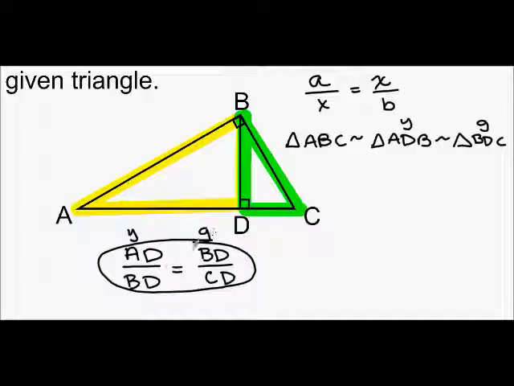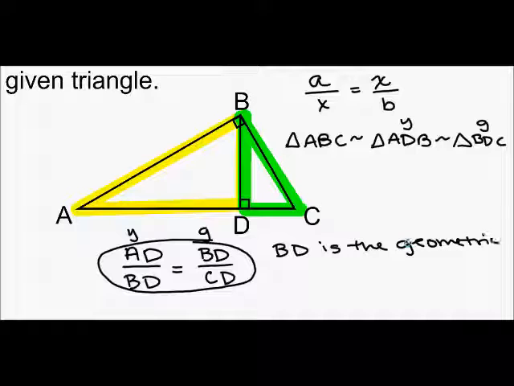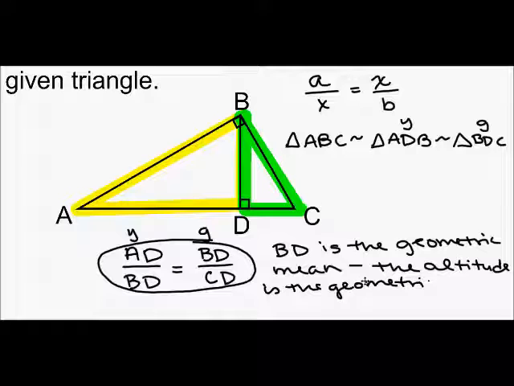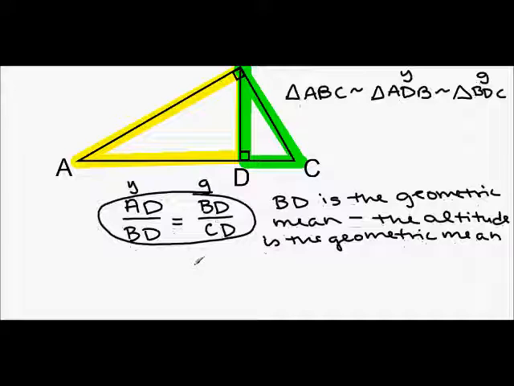and that means that the BD is the geometric mean, so I could say the altitude is the geometric mean, because remember BD is the altitude between, well, what are AD and CD?